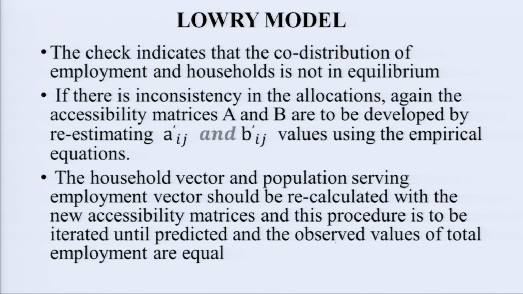The check indicates that the co-distribution of employment and household is not in equilibrium. If there is inconsistency in the allocation, again the accessibility matrices A and B are to be developed by re-estimating Aij dash and Bij dash values using the empirical equation.